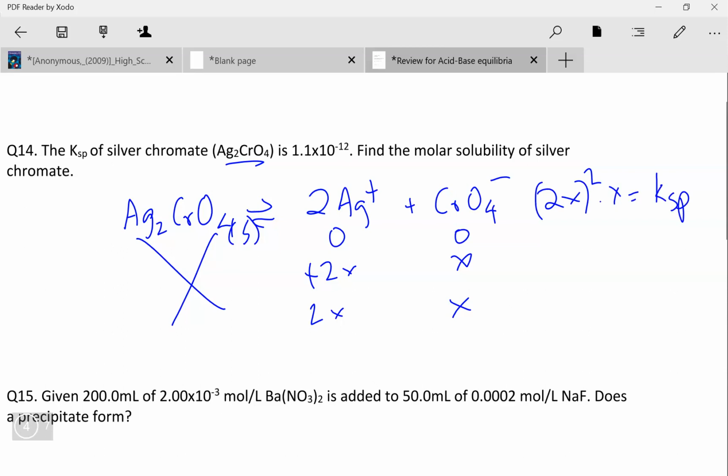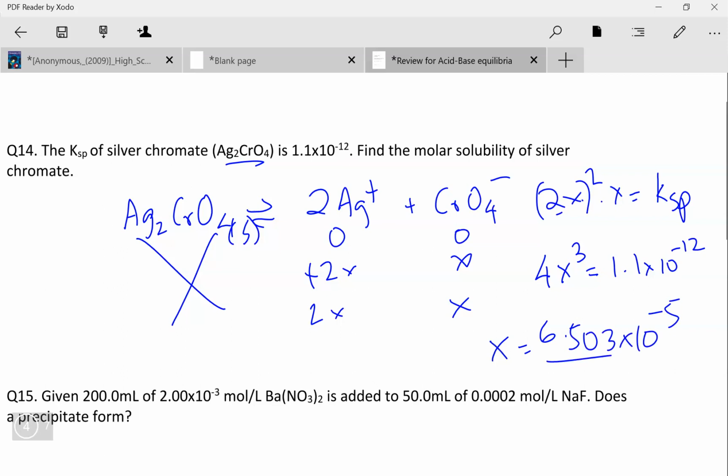That's our expression. This is 4x squared times x, so 4x cubed equals 1.1 times 10 to the negative 12. So you do 1.1 times 10 to the negative 12 divided by 4. Take the cube root of that answer, and you get x equals 6.503 times 10 to the negative 5, and that is my molar solubility of silver chromate.